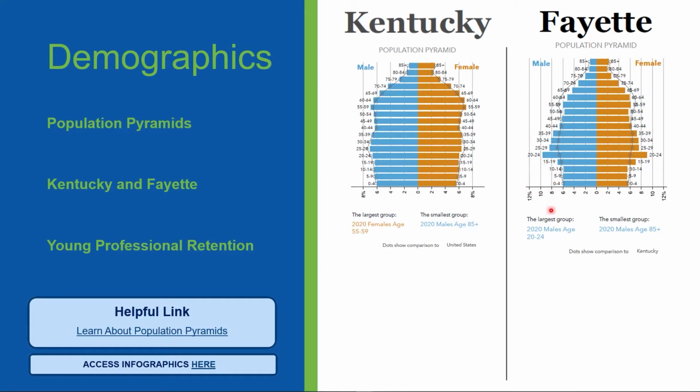Now, comparing the two, we can observe that Kentucky has what is often called a stationary population, and that it's relatively homogeneous until we approach the 70s. Fayette County has what might be called a constrictive or a contracting pyramid, with more of a narrowing at the bottom. Here in Fayette, we have a higher number of people in the 20 to 39 age ranges, which makes sense considering our student population and our young professional population.